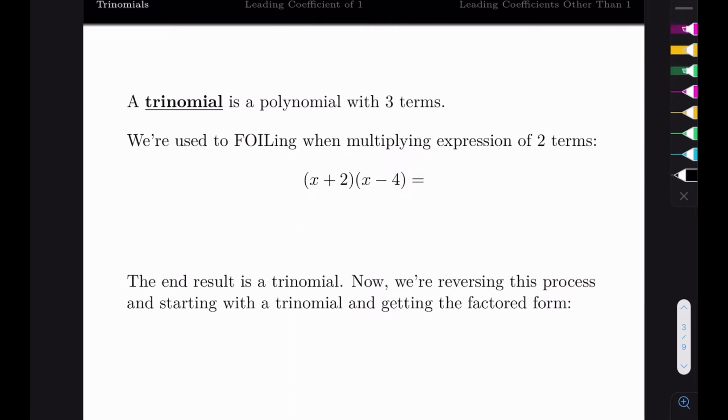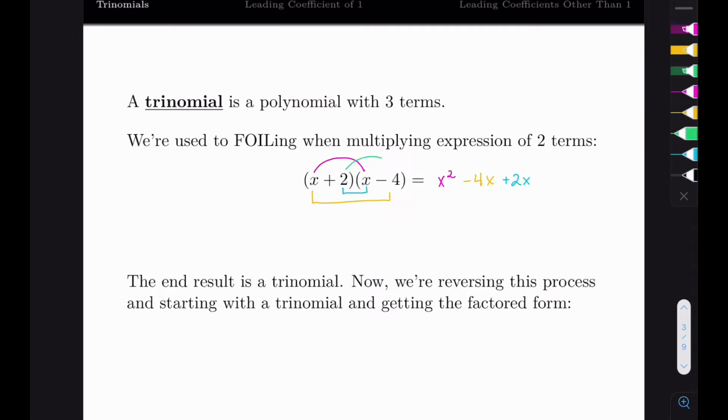So we've dealt with multiplying an expression like x plus 2 times x minus 4. We multiply the first terms, and that gives us x squared. The outer term gives us negative 4x. The inner term gives us positive 2x.